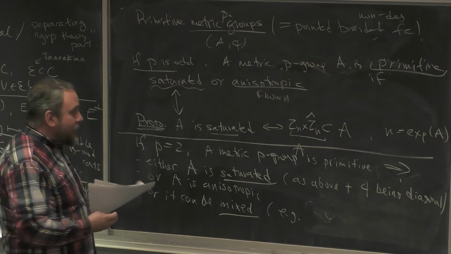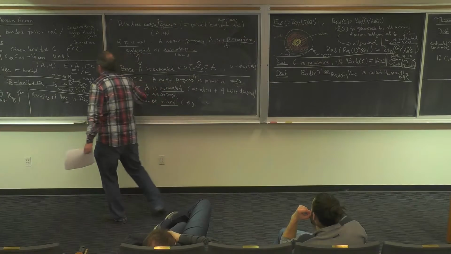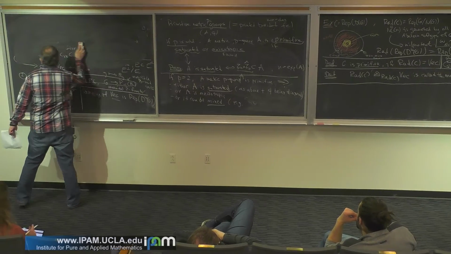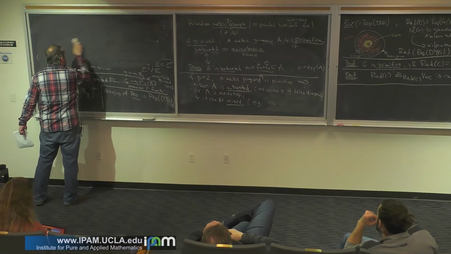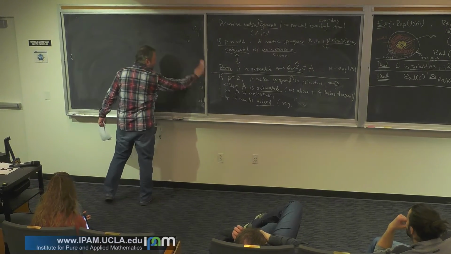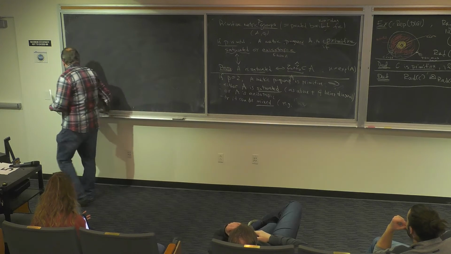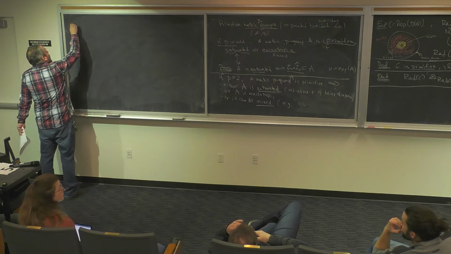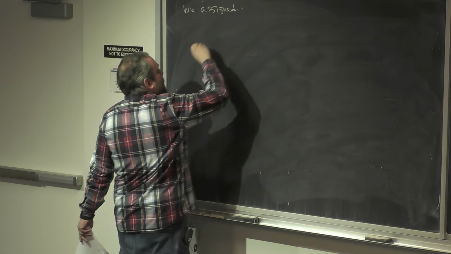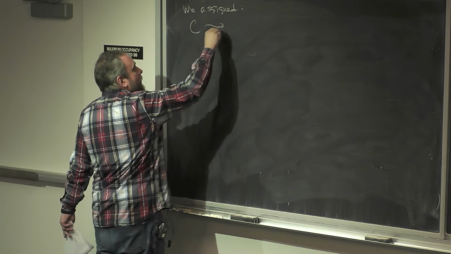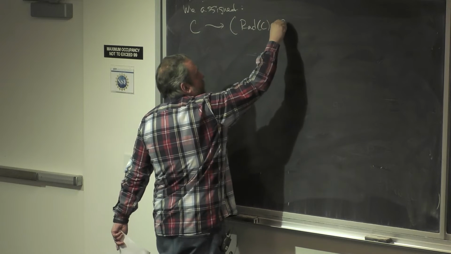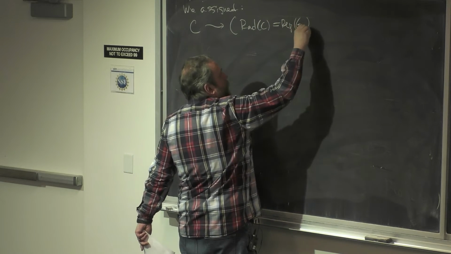Okay, this is the best I can say, but they can all be described. Now, next thing I'd like to talk about is, what we did, we assigned this invariant to a braided fusion category. So let's list the things that we did. To C, we assign its radical, which is just representations of a certain group.